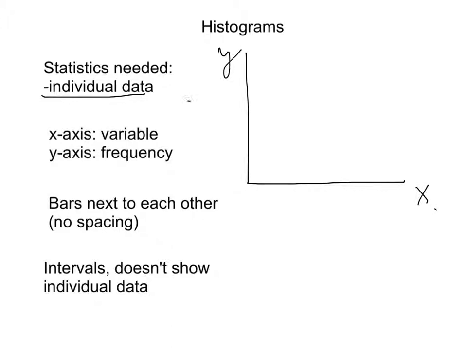And your y-axis is always going to be frequency, and your x-axis is going to be whatever variable you're choosing to show. And also something to keep in mind is that you're going to have intervals. You're not going to have each number separate. You're going to have intervals.